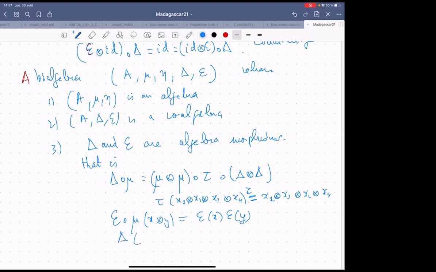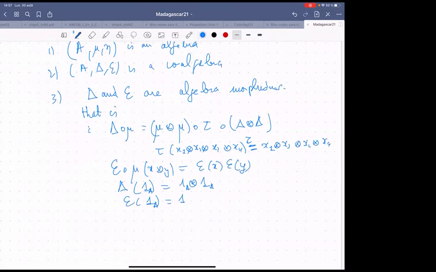For the unit, delta of 1 should be 1 tensor 1, and epsilon of 1, where the first 1 is the 1 of A, equals 1, which is the 1 of K. These are the four conditions expressing the fact that delta and epsilon are algebra morphisms with respect to the multiplication and compatible with the units.